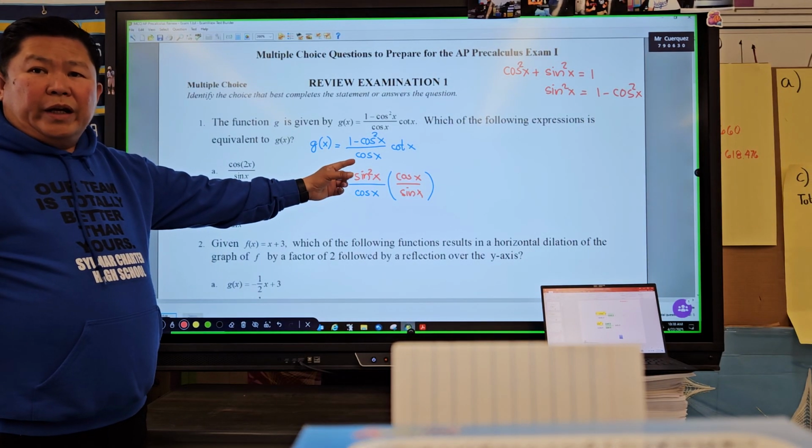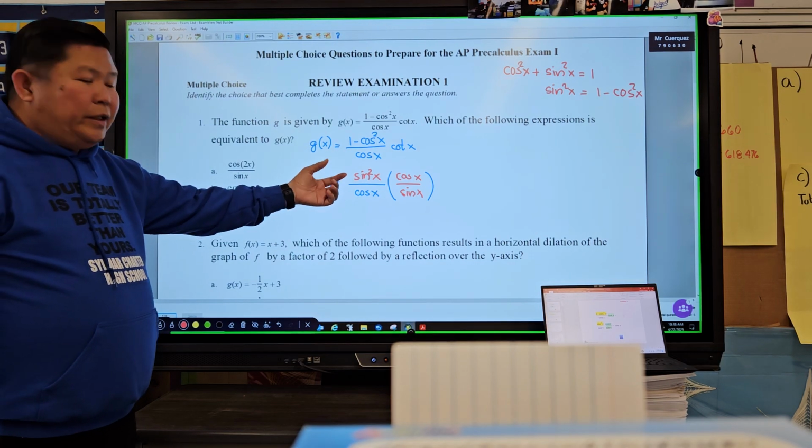This is sine square x. That means there are two sines.